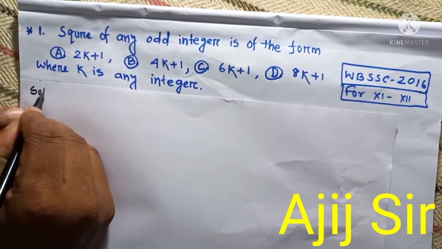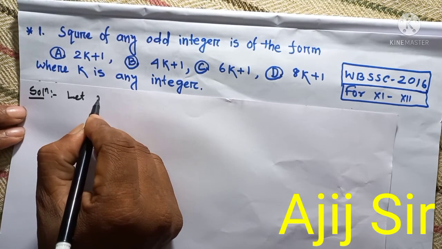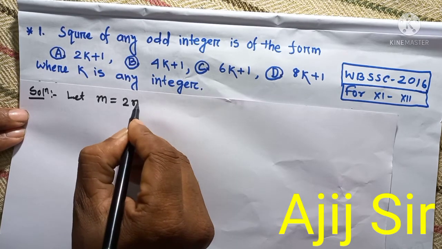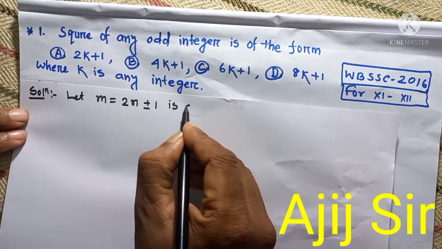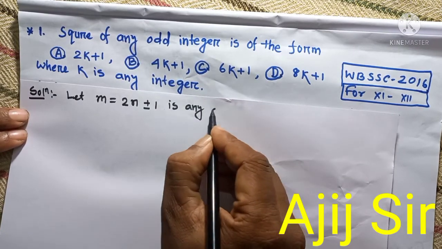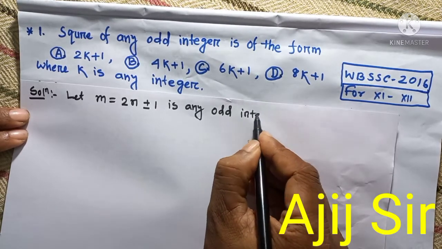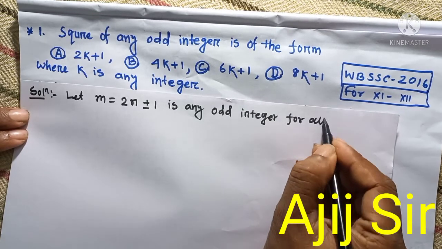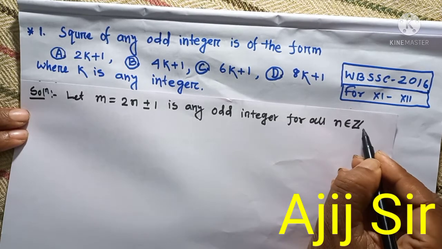Solution: let m equal to 2n plus minus 1 be any odd integer for all n belongs to the set of integers.